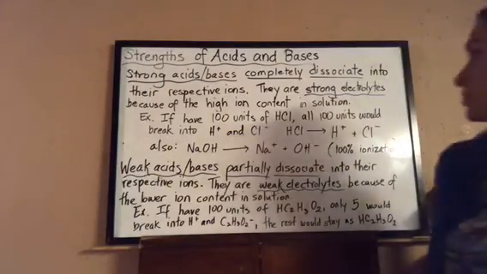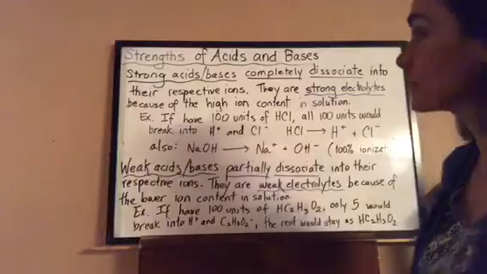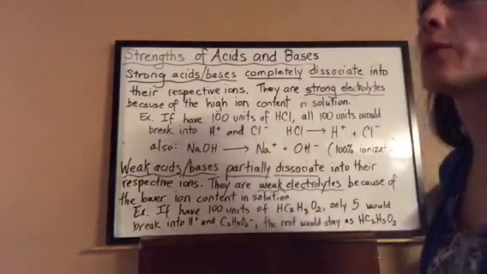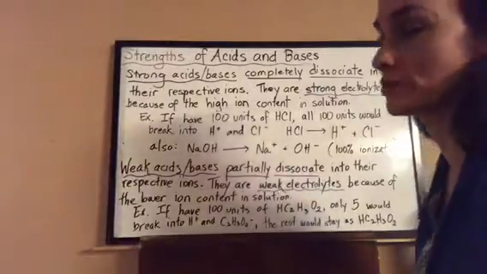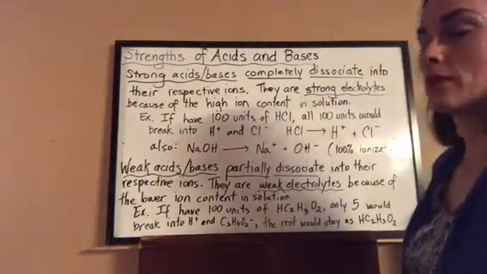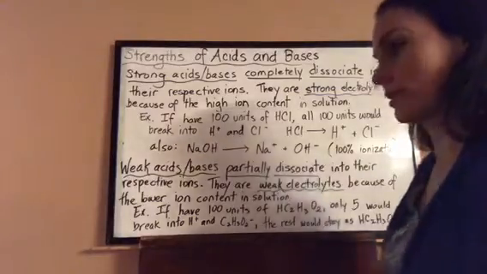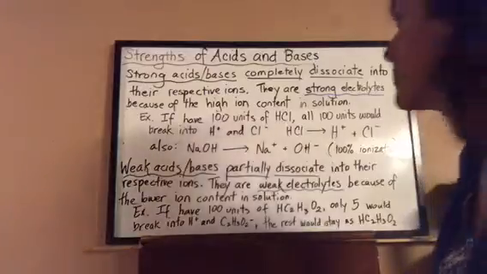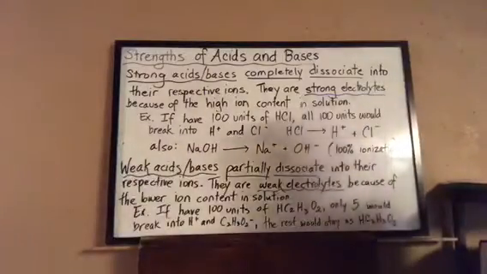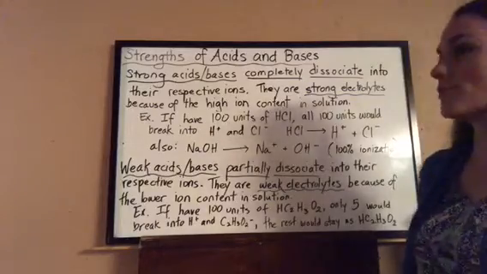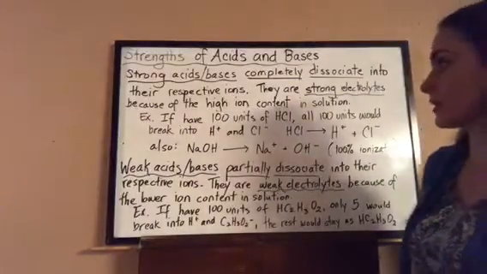They're also strong electrolytes, because of the high ion content in solution. Remember that one lab where we had to determine electrical conductivity, and these terms, electrolyte, strong electrolyte, weak electrolyte, and non-electrolyte came up? We're going to fit them into our discussion now. Strong electrolytes have high ion content in solution. So strong acids and strong bases are strong electrolytes.